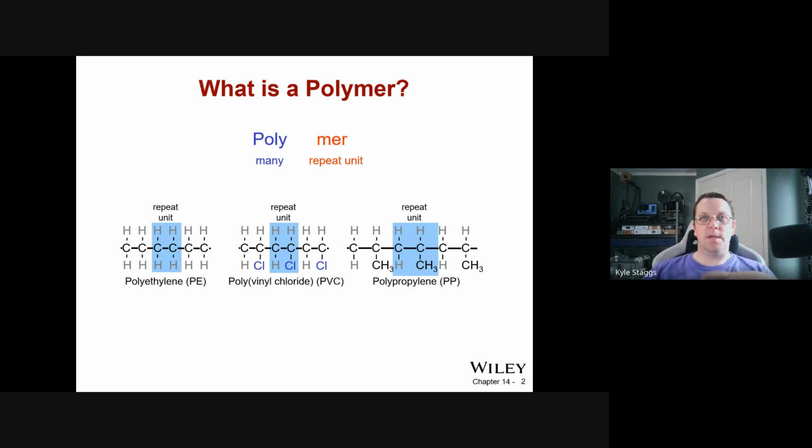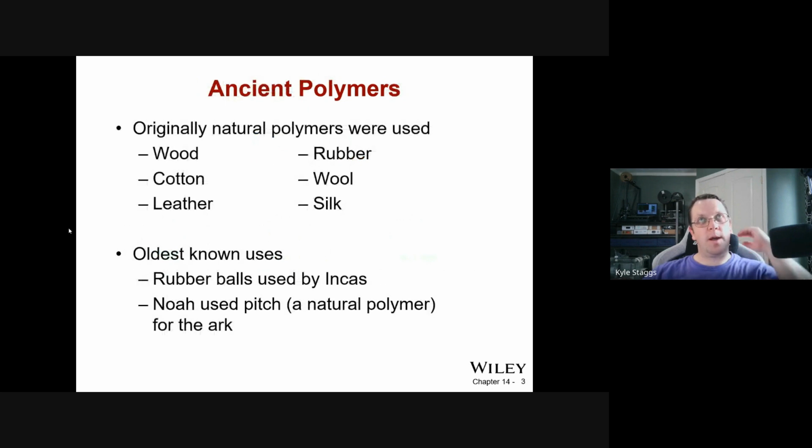A lot of different examples of those. So it has a chlorine added onto this carbon backbone, and so it's every other one because it's a repeat unit. So you can have a lot of them, you can have not very many of them, depending on what you're trying to make and for what application.